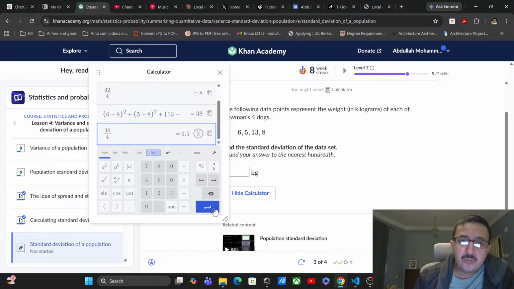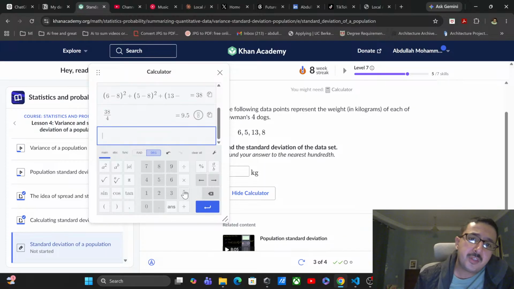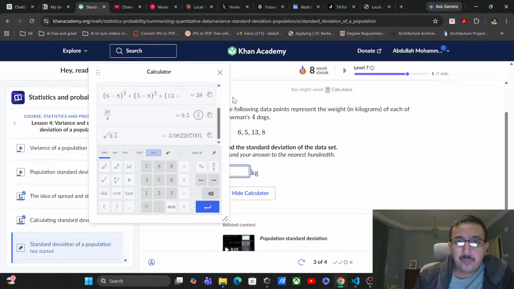That's 9.5. So this is the variance, and we need the square root of 9.5. That's 3.02, and we're gonna go with that 3.02.